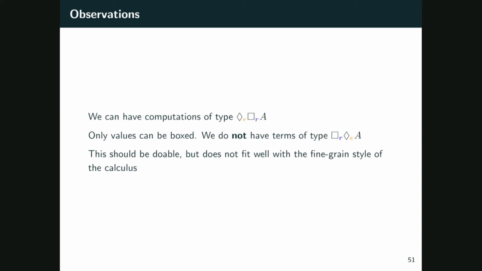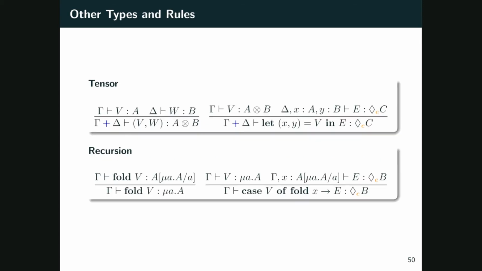So the diamond at this point, and also, in general, diamond remains for computation types. So you cannot have diamond appearing in the environment.